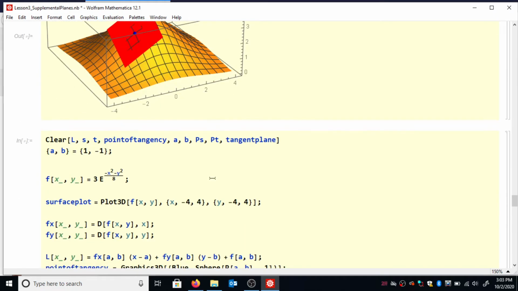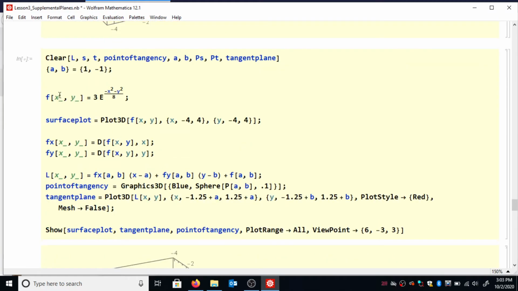And then I'm repeating the same exact process again, but now I'm plotting my surface non-parametrically, just as an x, y equation, or x, y, z equation, whatever. And then I'm using this x, y equation for the tangent plane as well.